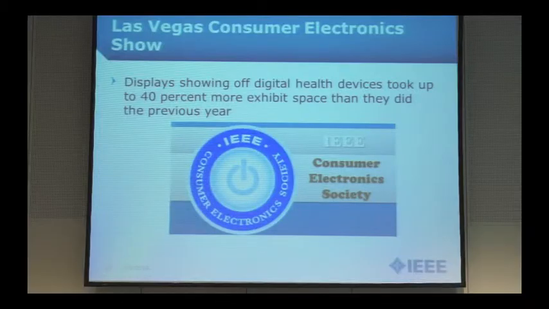Okay, I just threw this in there, the Las Vegas Consumer Electronics Show, to show you how everything is really rapidly changing. The digital health devices took up 40% more exhibit space than they did the previous year. So you can see that this is a good example of how rapidly everything is changing.